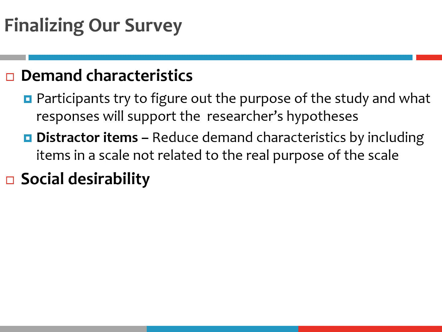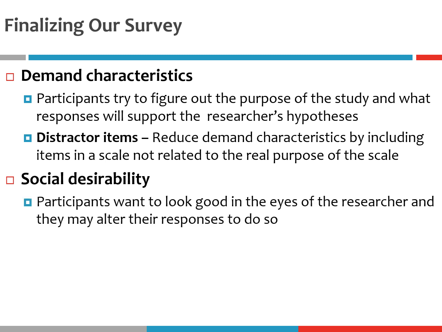You also have to worry about social desirability, which is a killer, and this is when your participants want to answer in a socially desirable way. So they're not being honest. They give you an answer that makes themselves look good. So this is a real big problem when it comes to measuring things like depression, measuring drug, alcohol use. You get a lot of social desirability. People don't want to admit what they're doing.